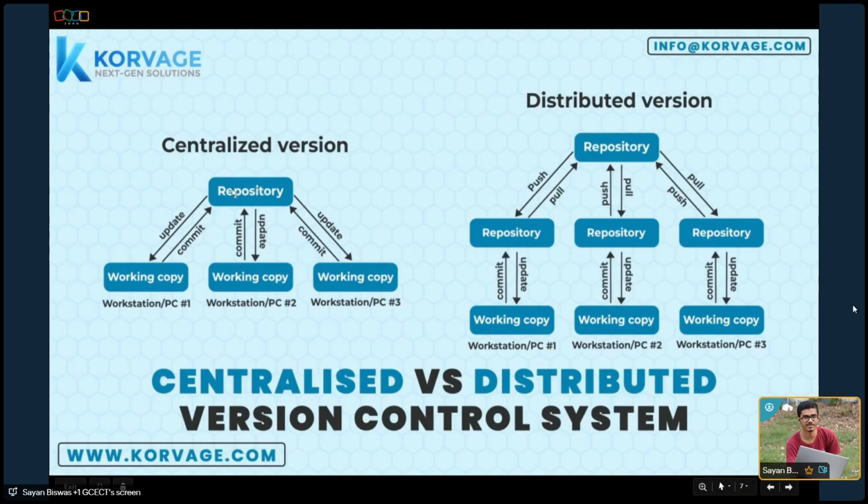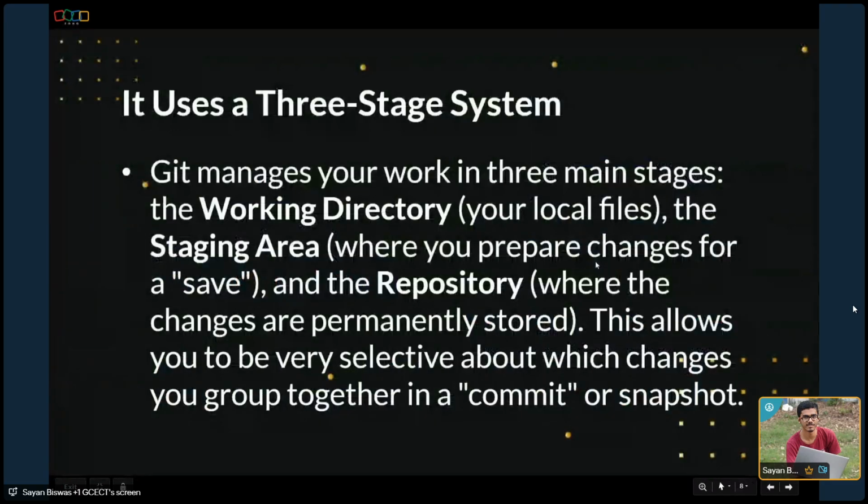If the repository has some new changes, you take the update and put it in your local working copy. But in a distributed system, for every user, you have a local repository. You work on that repository. After you want to push that update to the central repository, you can do it with push and pull. But in your local repository, you are doing the committing.